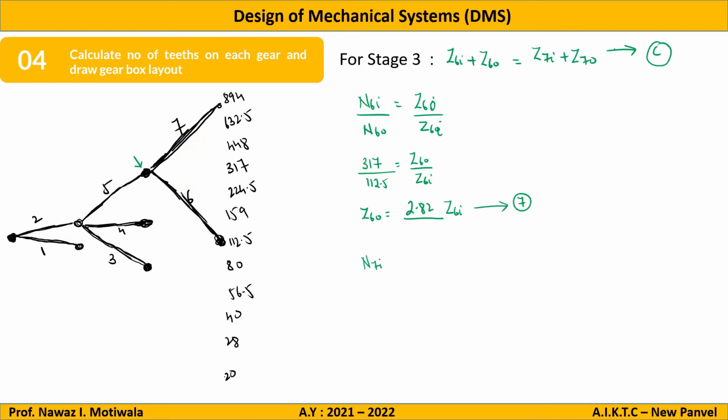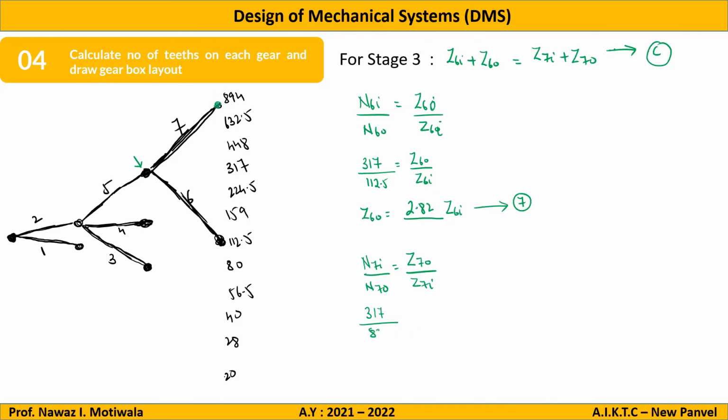Then similarly, I will go for N7I. So I will write N7I upon N7O is equal to Z7O upon Z7I. Now N7I, if you see the seventh train, the input speed is again 317. N7O, the seventh output you can see here, it is 894.